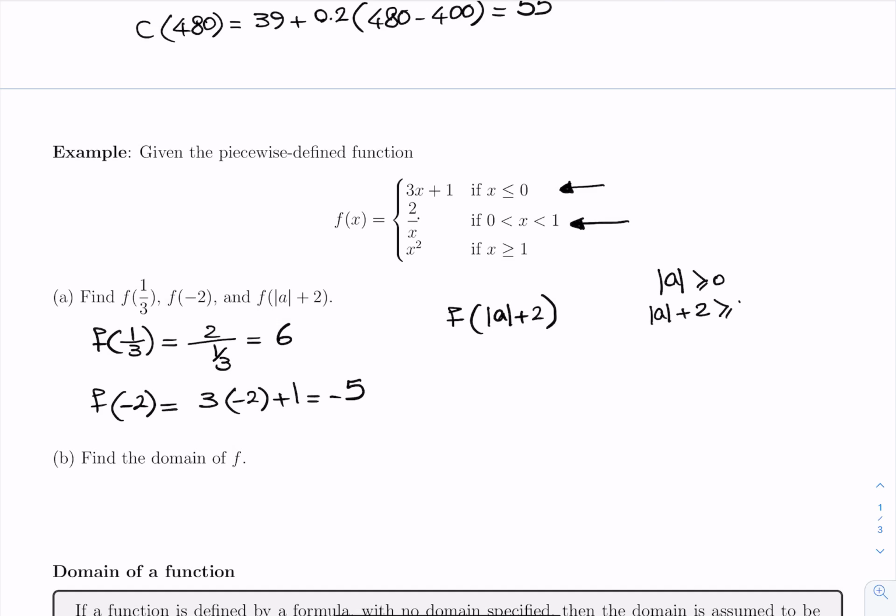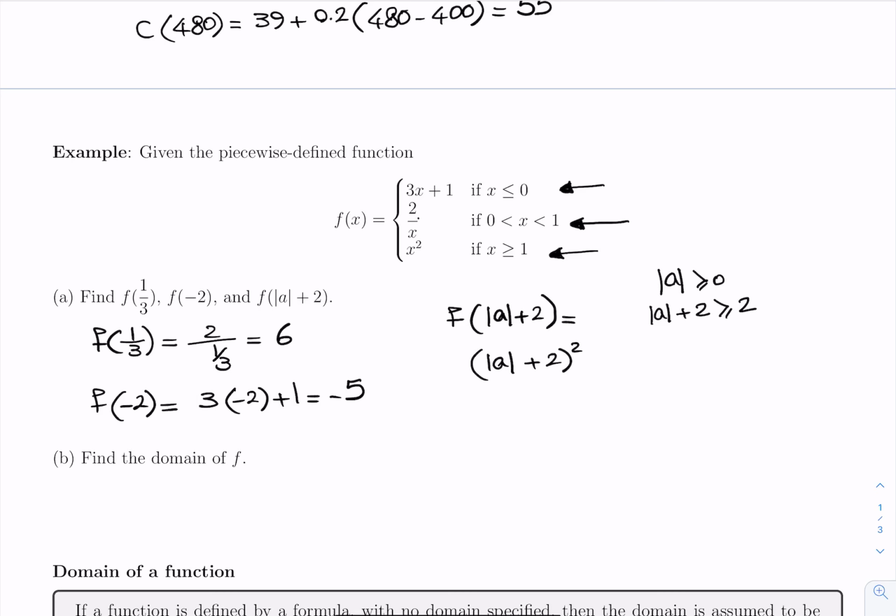That is always greater than or equal to 2. If it is always greater than or equal to 2, then it will satisfy the third condition. That means f of x will be x squared. So f of absolute value of a plus 2 will be absolute value of a plus 2 squared.